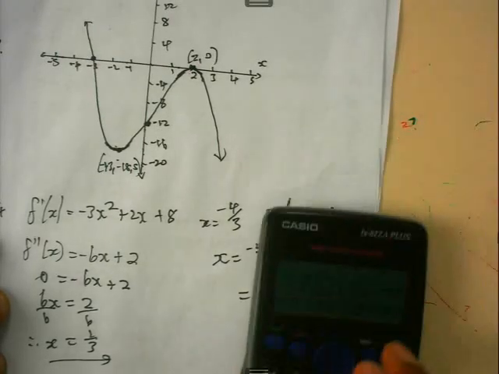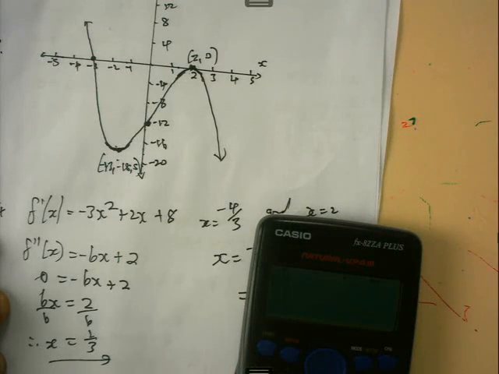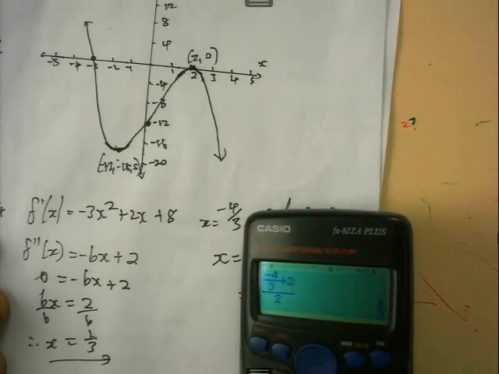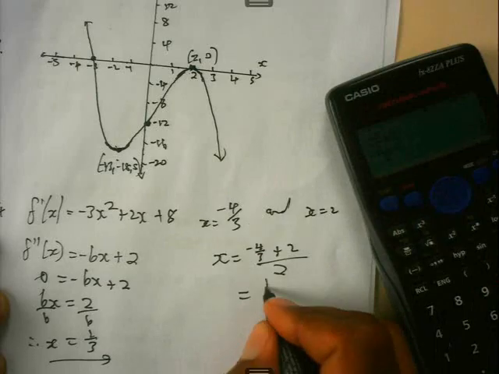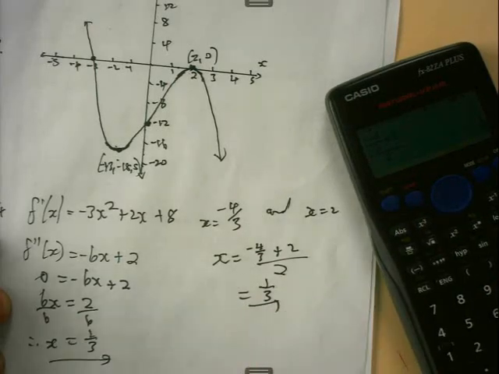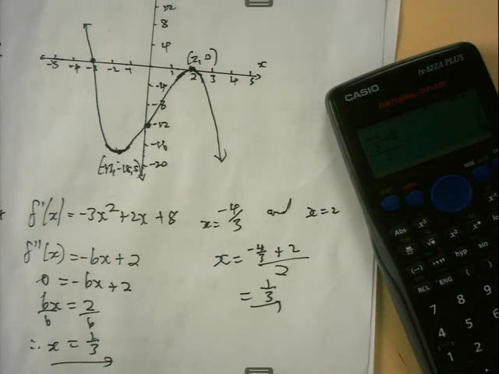Let us see what we get. We still have x as 1 over 3. If you know the x values of the turning points, you can just add the two and divide by 2.